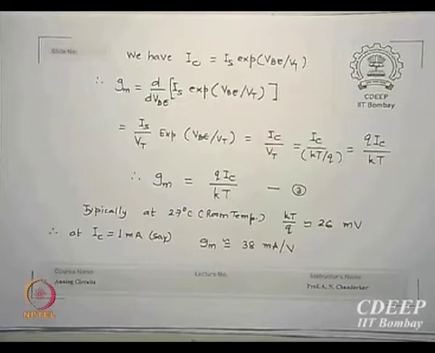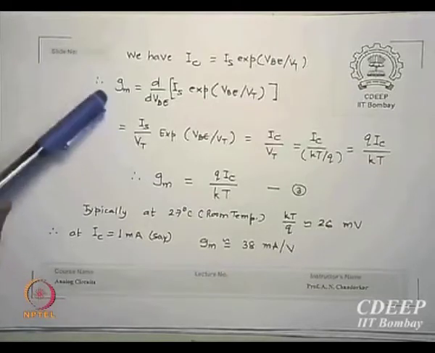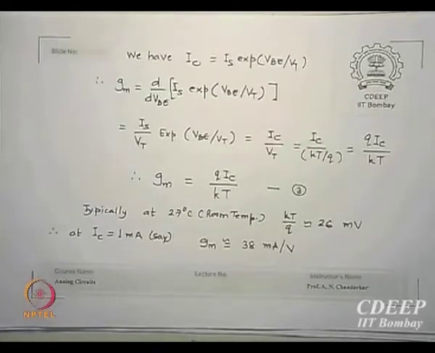So do you find something interesting? On the left side, gm is what parameter? AC or DC? AC, delta. We have said it's the AC parameter. On the right, q IC by kT. IC is the DC current. Is that correct?